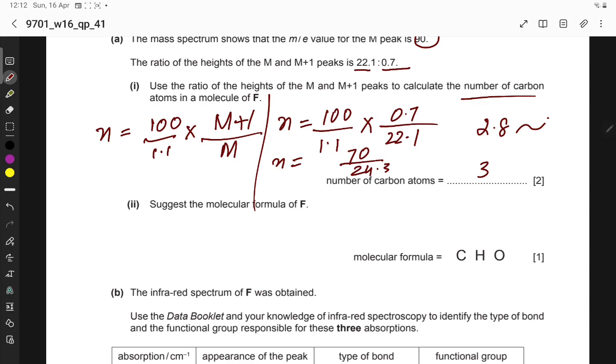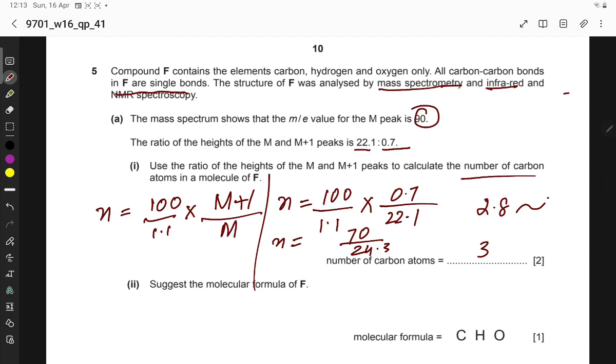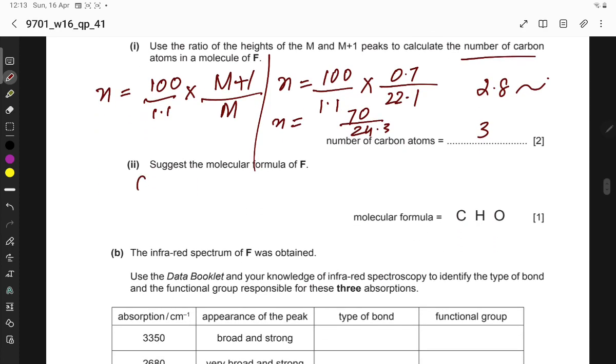Suggest the molecular formula of F. We know the number of carbon atoms is 3, so this is C3, and the mass over charge ratio is equal to 90. It means this compound F contains carbon, hydrogen and oxygen only.